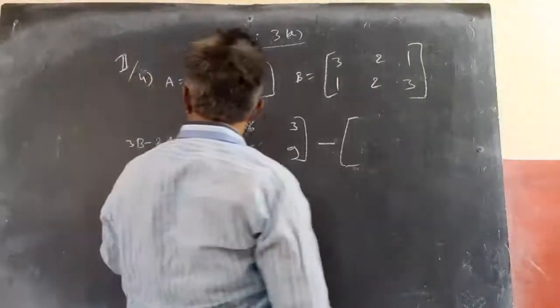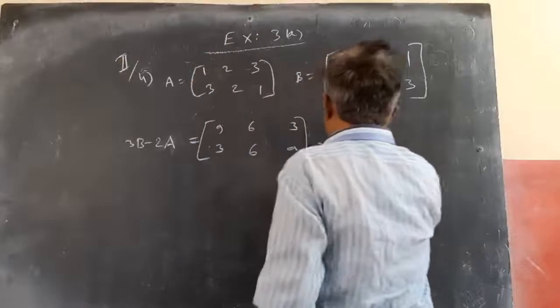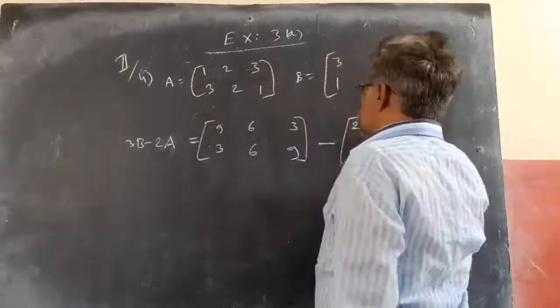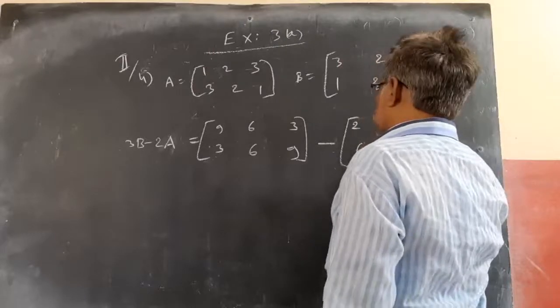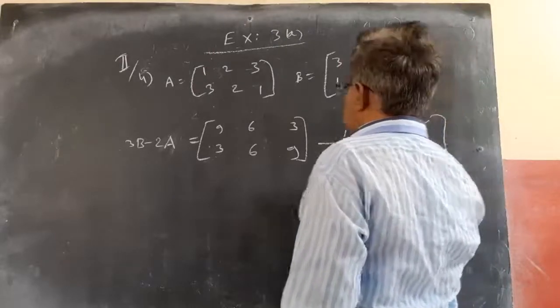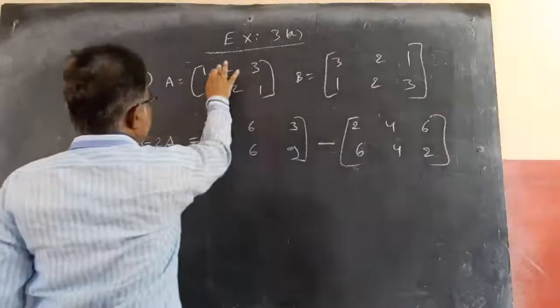So 2A means 2 into 1, 2; 2 into 2, 4; 2 into 3, 6. 2 into 3, 6; 2 into 2, 4; 2 into 1, 2. This is scalar multiplication.